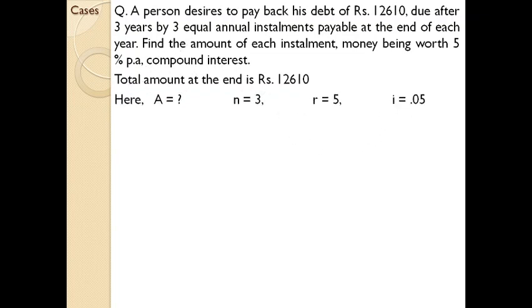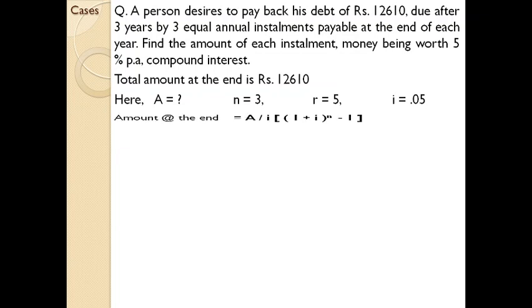Next, here the annuity amount or the fixed annual amount is what you need to find, so there is a question mark. The time is 3 years, so n is 3, and the rate of percentage per annum is 5, so r is 5, and commonly i equals 0.05.